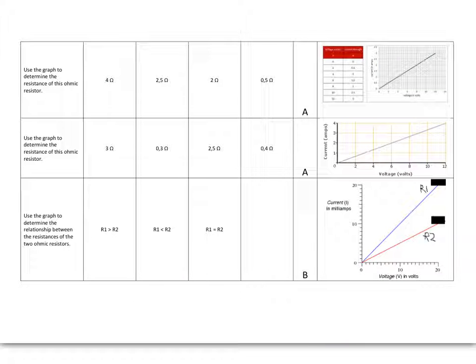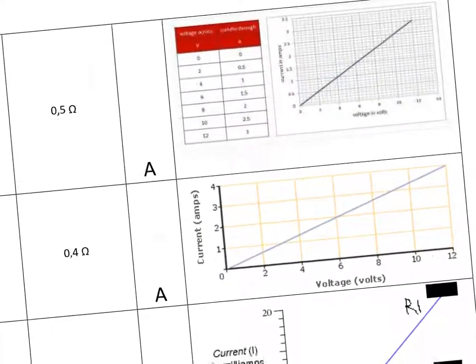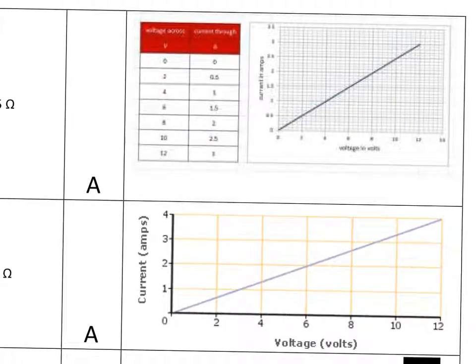Over here, use the graph to determine the resistance of this ohmic resistor. This one's a little bit trickier. I can try and make it a bit bigger as well. So I'm going to look at gradient. Y2, this is 2,5, and over here we have got 10.